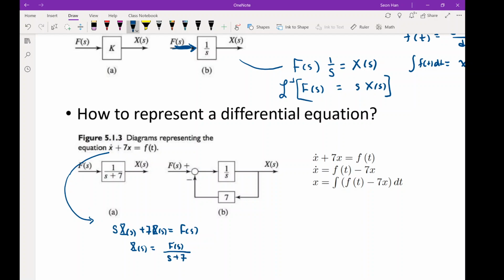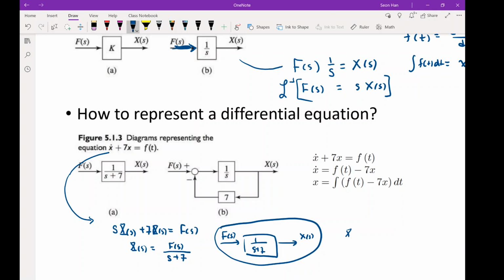And then you can express it as a block diagram: you put in f of s, multiply by 1 over s plus 7, and you get an output of x of s. The reason I didn't write this as, okay, this is the correct expression.